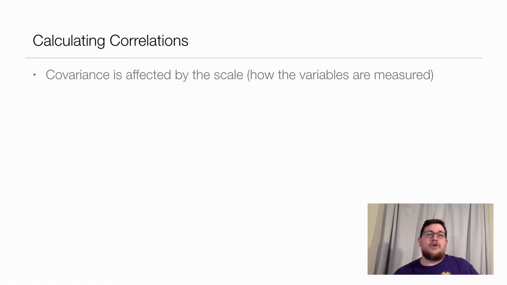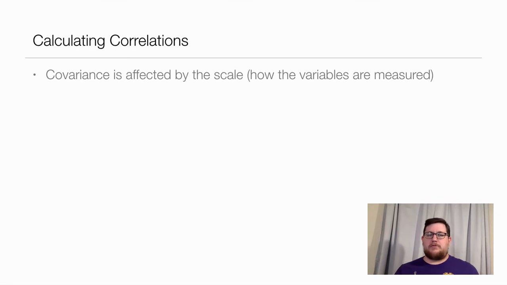So what does that mean? It means you're going to get a wider variance on y, and you're going to get smaller deviations on x. Now imagine if you had two variables that went on a scale from 0 to 1,000 or negative 1,000 to 1,000. You're going to get much bigger values in the covariance. So you can't really compare the covariance of two variables to the covariance of another two variables.